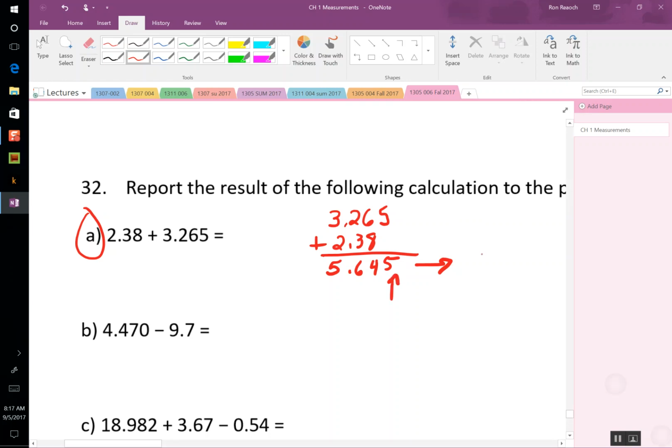That's 5, so we're going to round the 4 up to 5. Each number has 2 decimal places, so we're going to keep 2 decimal places in our answer.